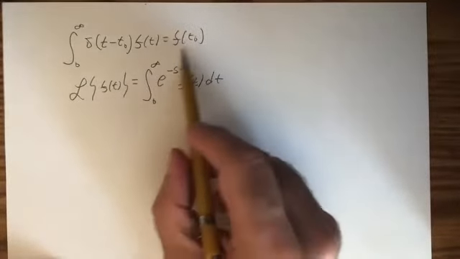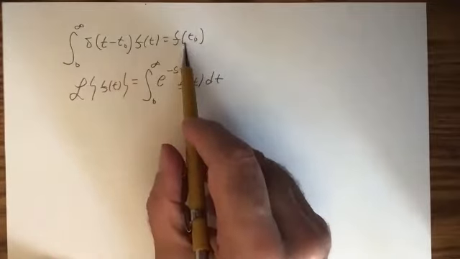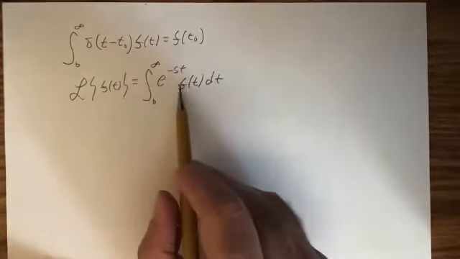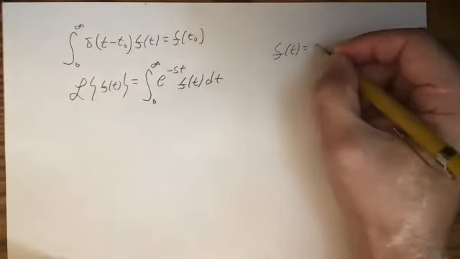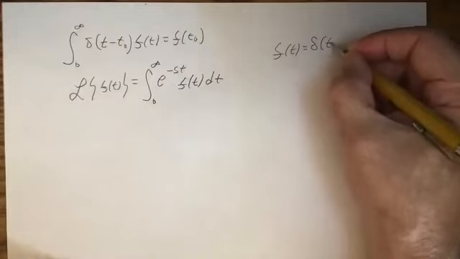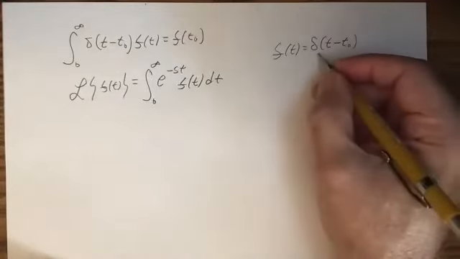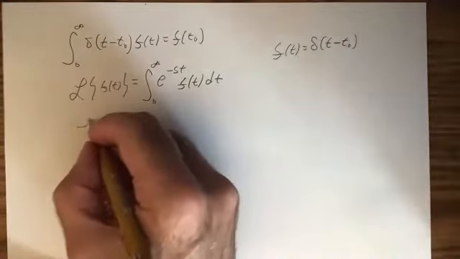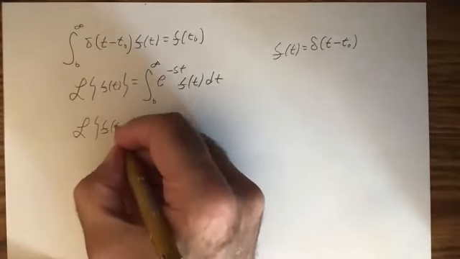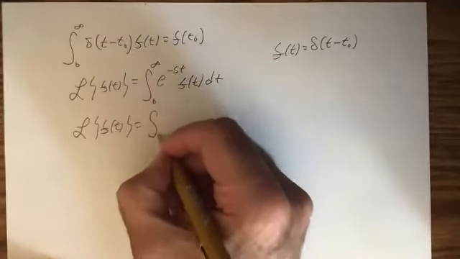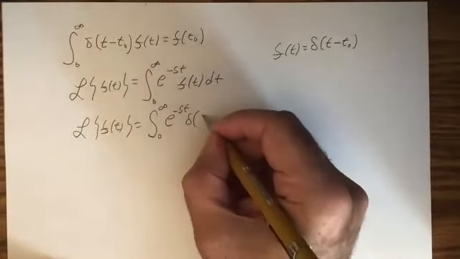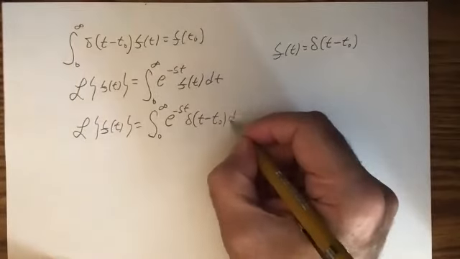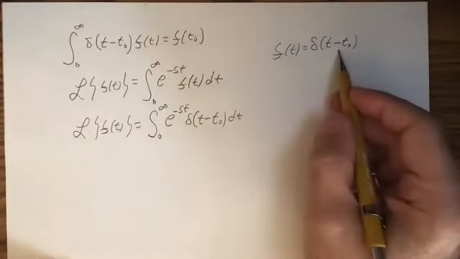Okay, so from this property here, this is the Dirac delta function, and we use the symbol delta. If I put that in here, this is my definition of the Dirac delta function.